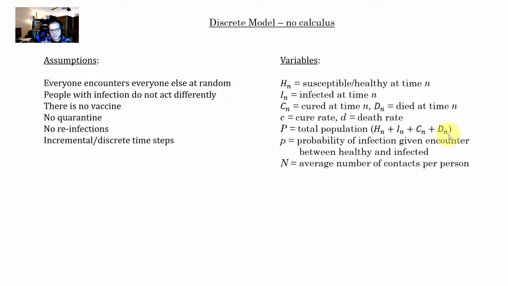That total initial population is a fixed number to start. There'll be this lowercase p, that's the probability of an infection given an encounter between somebody that's healthy and somebody that's infected. And then we'll use this capital N as the average number of contacts per person.